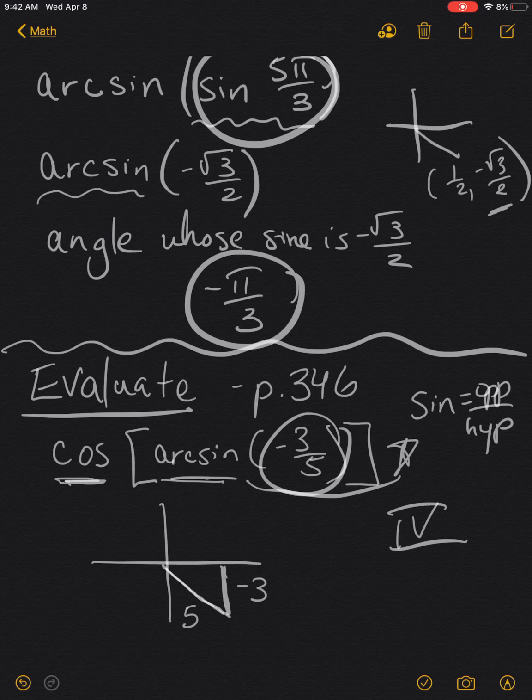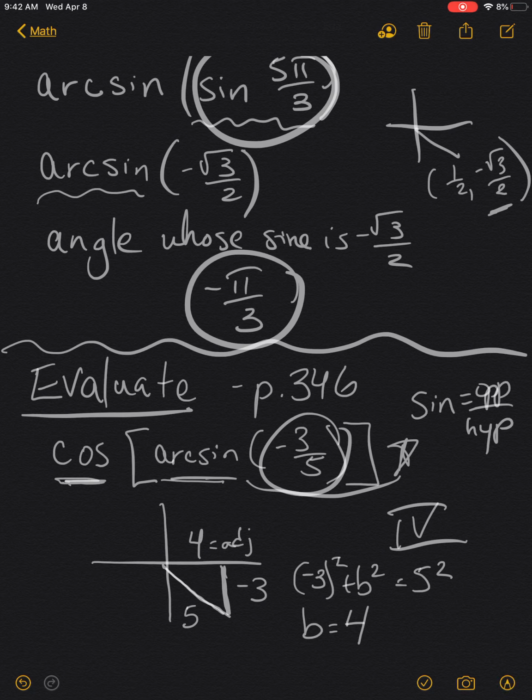So using our good old friend, the Pythagorean theorem, we can do negative 3 squared plus b squared equals 5 squared. And when we solve that all out, subtracting from both sides, square root, saving some steps here so my iPad doesn't die, we get b to be 4, okay? And that is now our adjacent.